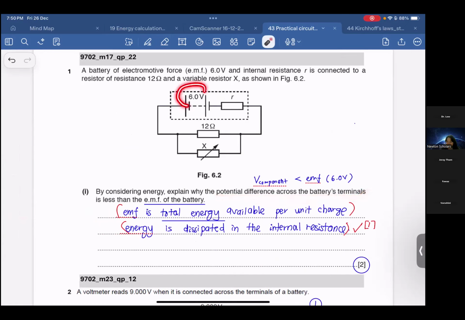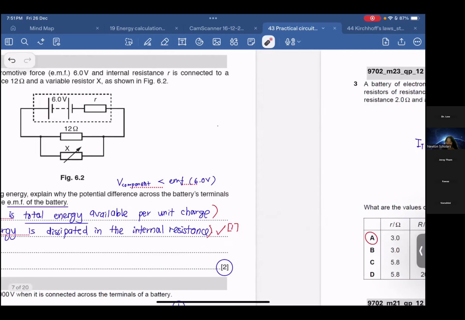So EMF here is 6 volt. So for the voltage across the external component, this part confirm is less than 6 volt. It might be 5.8 volt. Why less? It's because some of the energy is dissipated in the internal resistance. Okay, some energy is lost or dissipated here, due to the internal resistance. So this is the answer.